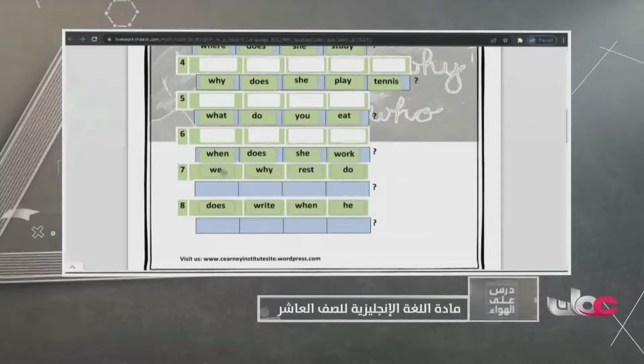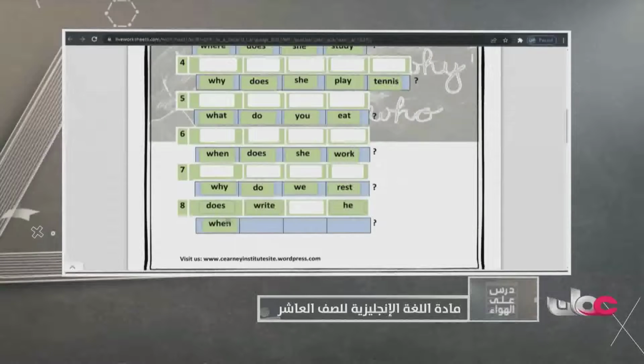And the same thing with number 7: why, then the auxiliary verb do, and then the subject we, and the main verb, which is rest. The last one, we have does, write, when, and he.